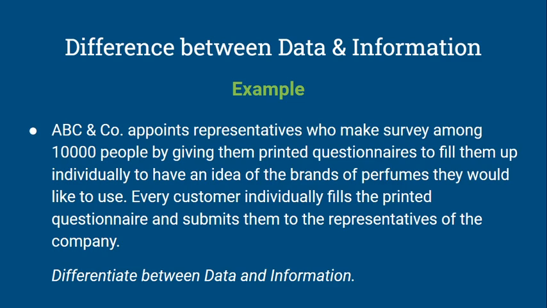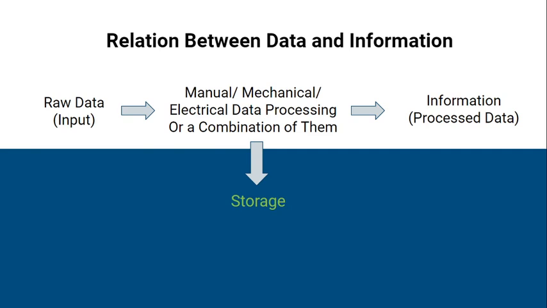As we have said, the data is the unprocessed one, unstructured one. When we process it, we get the information. There is the relation. So the raw data, the input, when we process it through any medium, we get the processed data, that is the information.